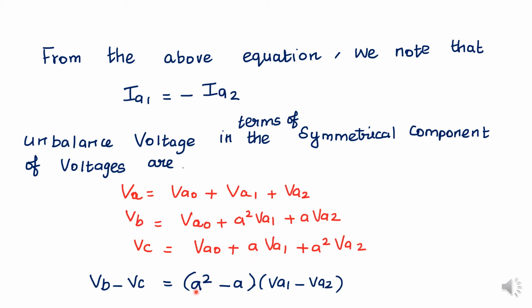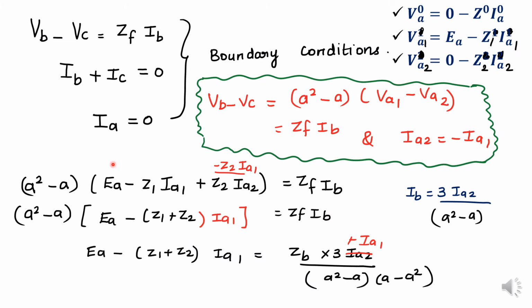Taking A square minus A common, it is VA1 minus VA2. But we have already derived the boundary conditions for the line-to-line fault: VB minus VC equals ZF into IB, IB plus IC equals 0, and IA equals 0. So these are the boundary conditions.